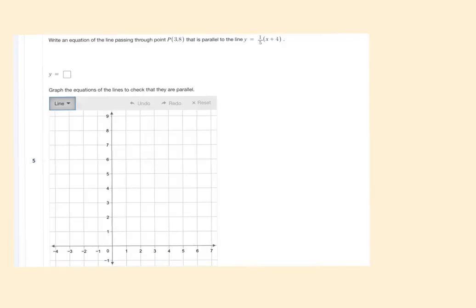Okay, this one says write the equation of a line passing through point (3, 8) that's parallel to the line y equals 1/5 x plus 4. So here's my point, and parallel means it's the same slope. So m equals 1/5. Did you do point slope or y equals mx plus b? Okay, so y is 8, m is 1/5, x is 3, plus b.